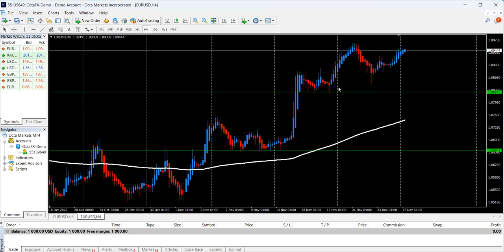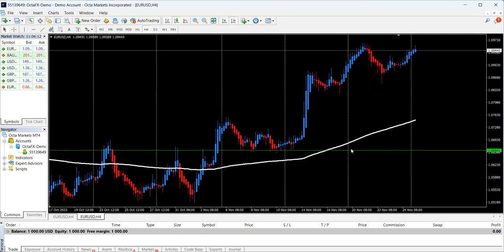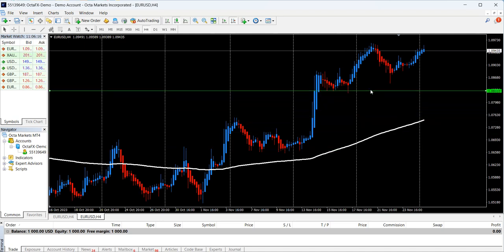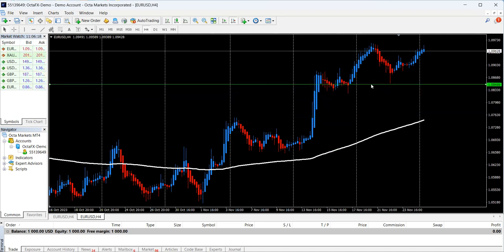So typically from this illustration now, I'm going to enter my next trade here on this candle, on this blue candle that is here.